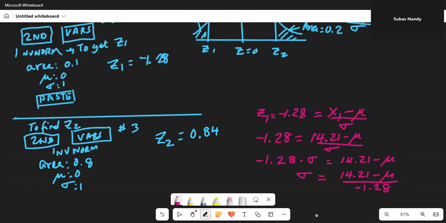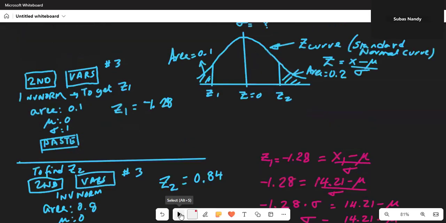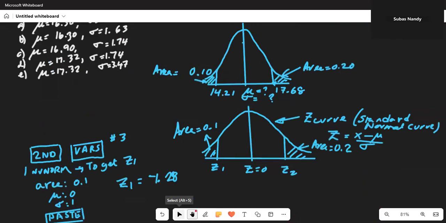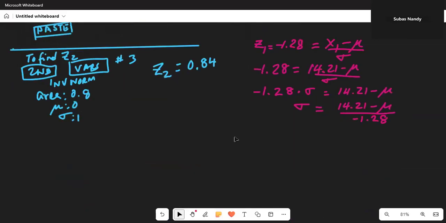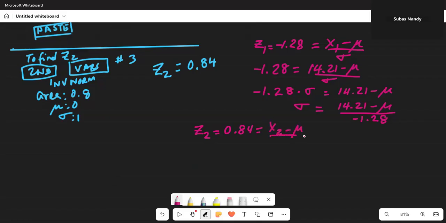We can use the similar formula for Z2 because we know X2. Again, if I move up, X2 is the value on the right, which is 17.68. So Z2 is equal to 0.84, which is equal to (X2 minus mu) divided by sigma.